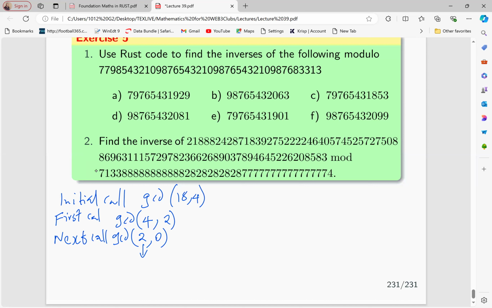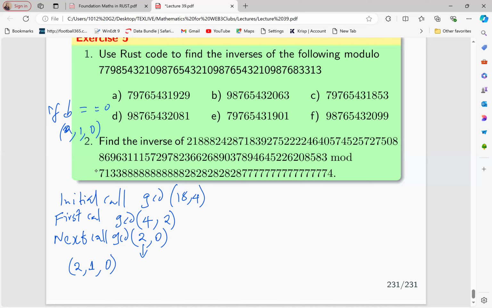So what will it print? It is to print the GCD, the coefficient of a, and then the coefficient of b. Yes, we'll print that. That's what it said when you look at the code. It said, if b is 0, then the result will be a, and then 1, 0.